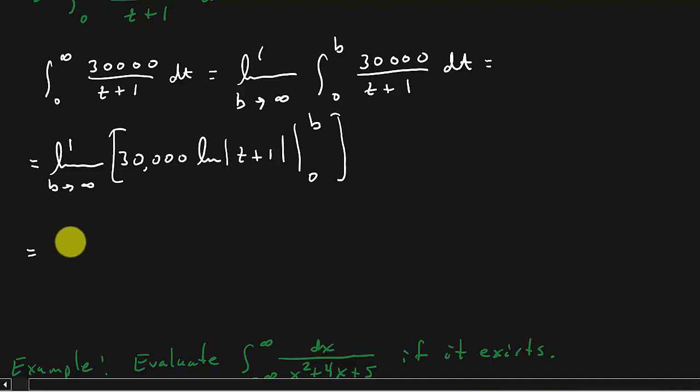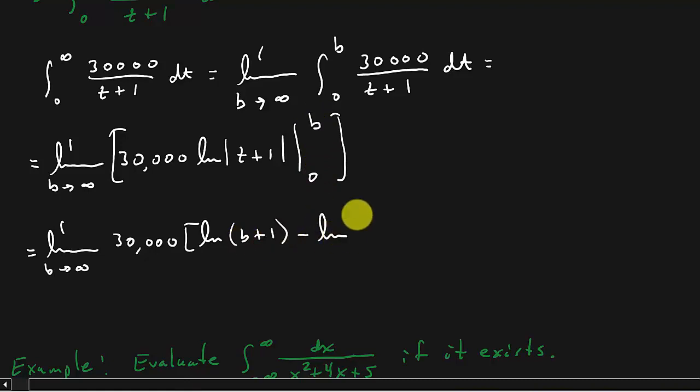This would be the limit as b goes to infinity of 30,000 times natural log of b plus 1. I know it's absolute value, but we don't need to put absolute value because we know b is positive, and a positive number plus 1 is positive, minus natural log of 0 plus 1.